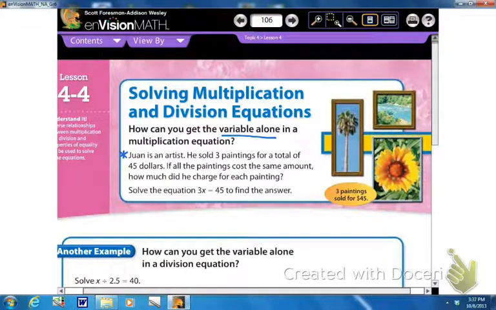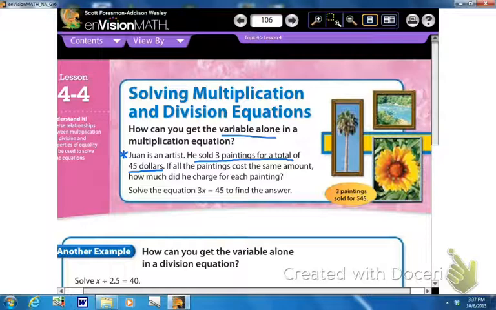So here's our problem. Juan is an artist. He sold 3 paintings for a total of $45. If all the paintings cost the same amount, how much did he charge for each painting? So we know he sold 3 paintings for a total of $45, and they were all the same amount.